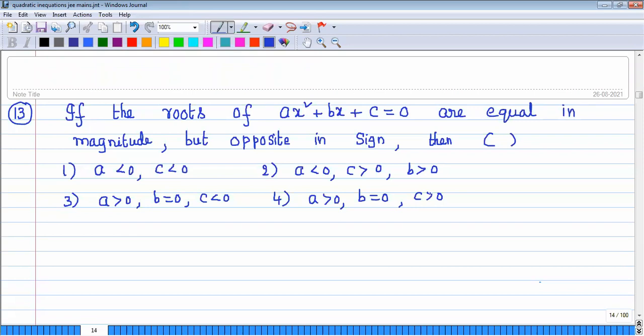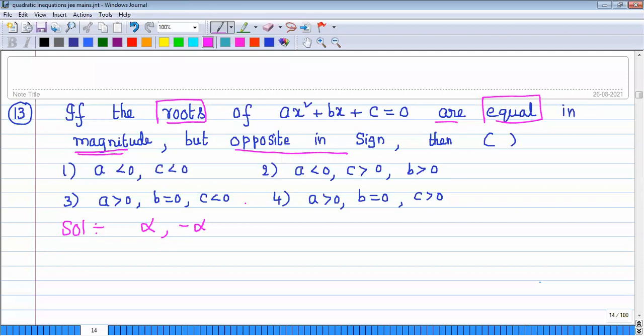Any one of you respond? Here the keyword is this one: roots are equal in magnitude but opposite in sign. So suppose the roots are alpha and minus alpha.